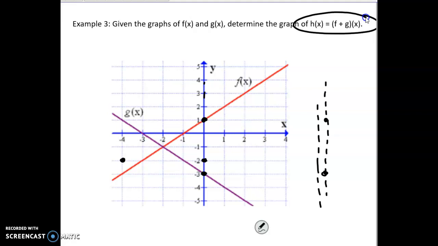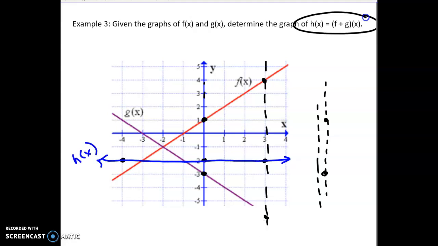Let's check another point over here. We've got a 4, and I think this would hit about -6. So 4 and -6, when I add those together, I get -2. So actually, it will always be -2 just in this question. So h of x would be a horizontal line going through -2.